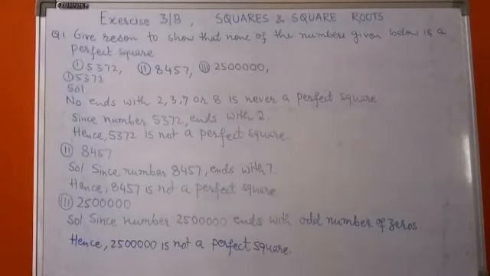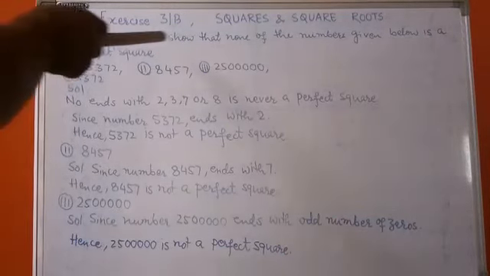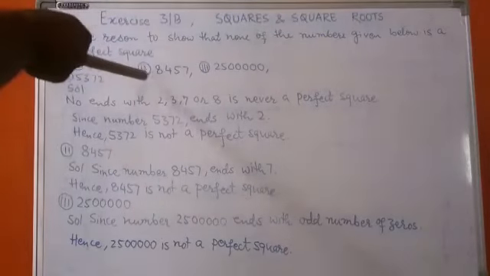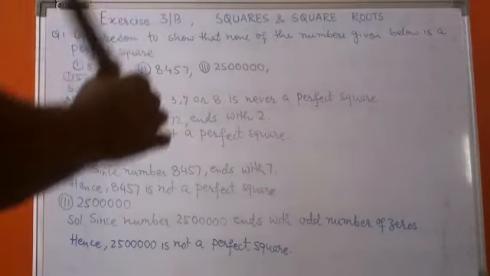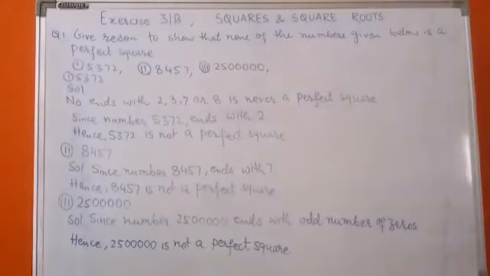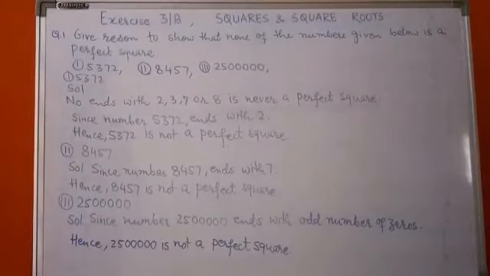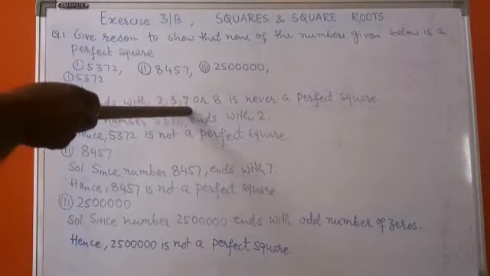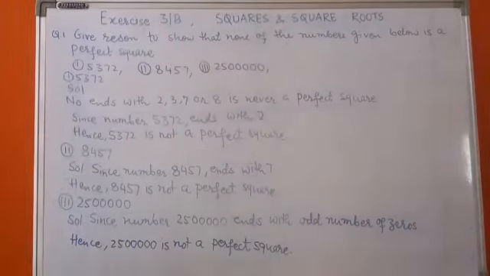By using the first property, as per the question, these numbers are not perfect squares. So my dear students, a number ending with 2, 3, 7 or 8 is never a perfect square.